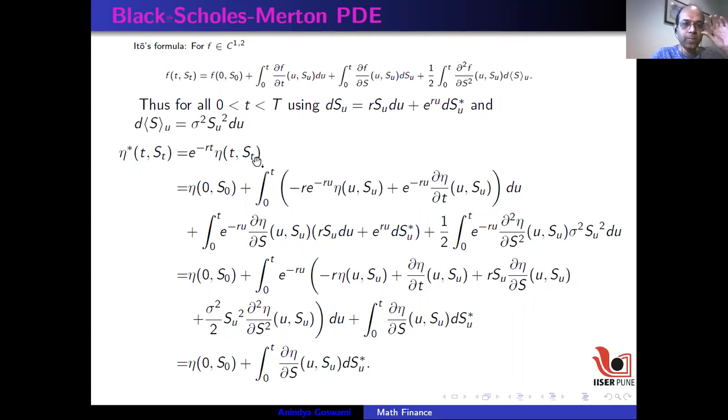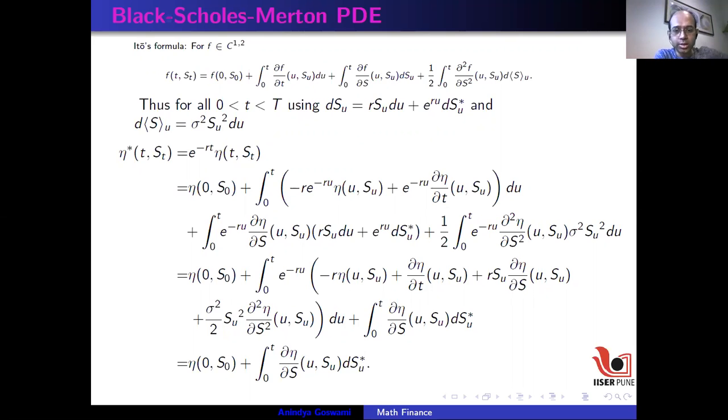There is no problem about it. And on this side, S is a nice semimartingale, and η has a very nice property that ∂η/∂S turns out to be bounded. These are properties you can obtain by analyzing the PDE.